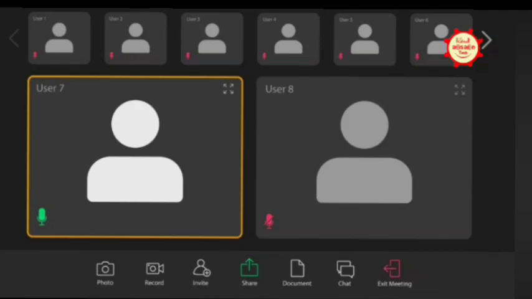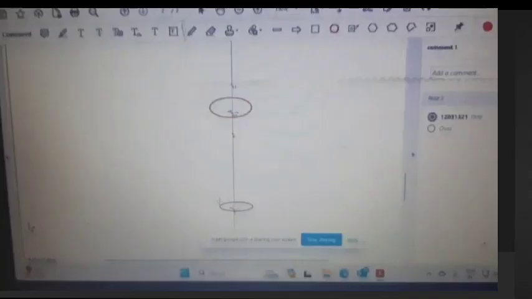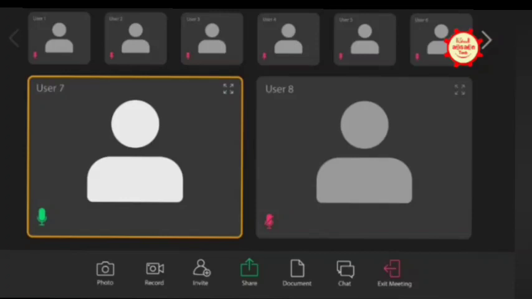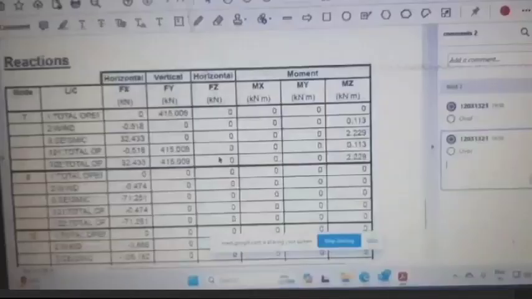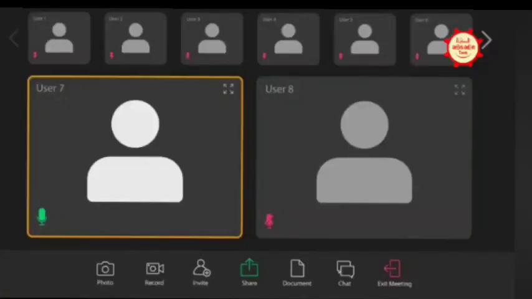For this, he will define the self weight. They will take the operating weight and divide it by length to get a UDL, and you will get these loads. These reactions at various nodes you will get, and those will be further taken up. This is how they do it.